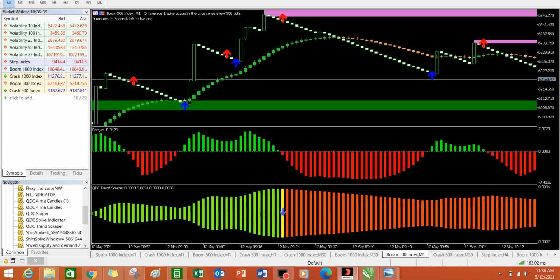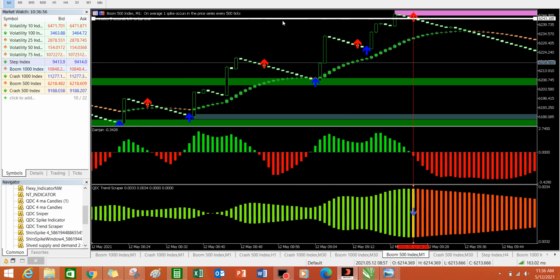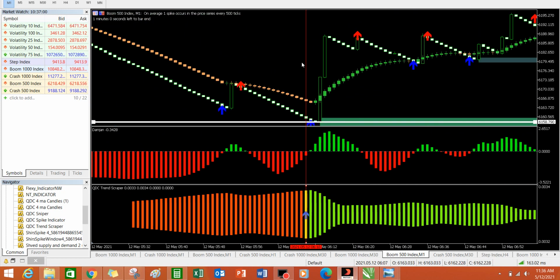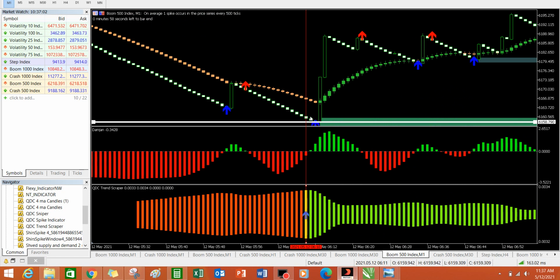This is where you should exit the market, most especially if you're having a big trading capital. You should exit the market here on this arrow. So let's see if at the end of the day we are able to get into profit or not. This is our entry section here.